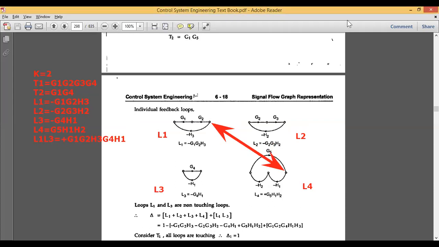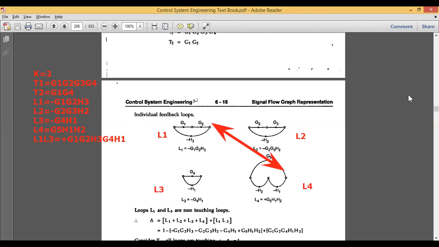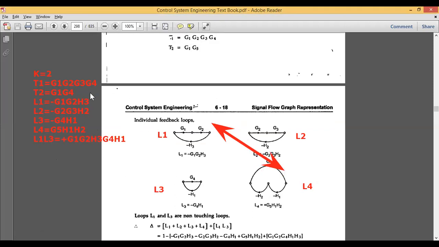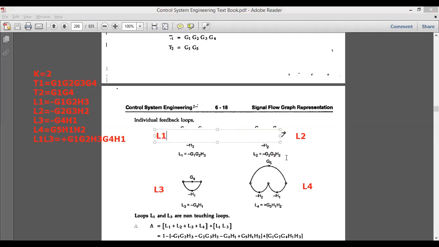So here I will explain it once more with respect to the signal flow graph. Before going to finding the non-touching loops, just see here how to find the non-touching loops: check L1 with L2. If you check L1 with L2, even if you see the separate loop also, fine, no problem. Now check here, I have all 4 loops.